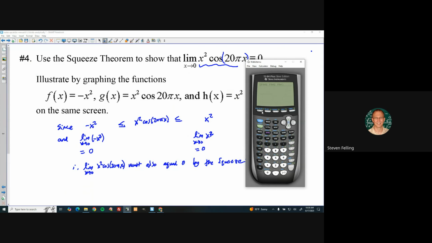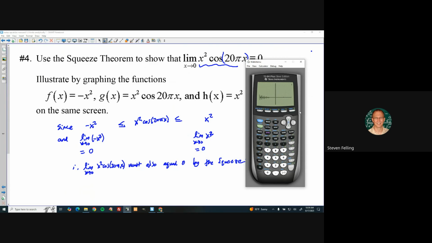Okay, so x squared times cosine of 20 pi x. I'm going to zoom in here to kind of small numbers. Let's do the x's from -2 to 2, maybe. Okay, so here's that function.